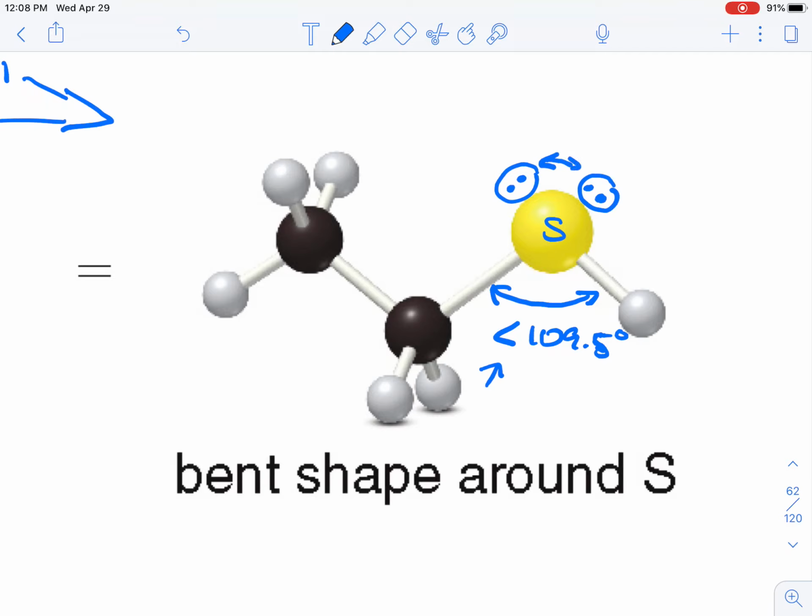And when they repel each other, it's also going to push these bonds closer to each other, therefore producing a bond angle that's less than 109.5. Overall, the shape around the sulfur atom is going to be bent.